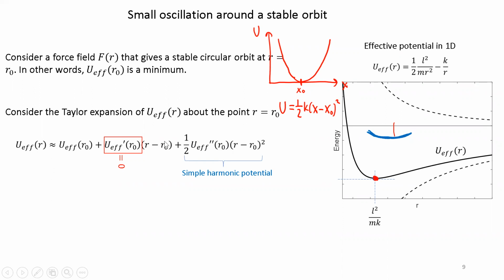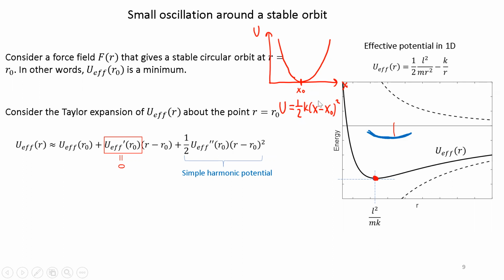And the second term is 0, because we are doing the Taylor expansion about this minimum point. Then for the third term, we have 1/2 times a constant times a quadratic term. So mathematically, this term indeed resembles the potential for a simple harmonic oscillator.